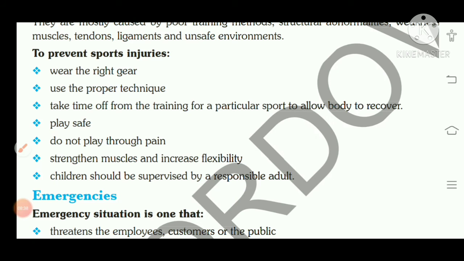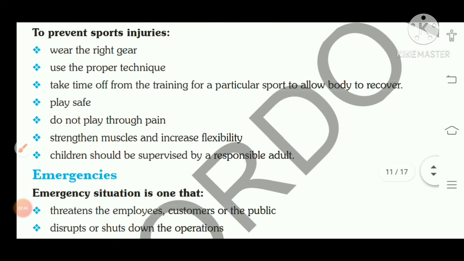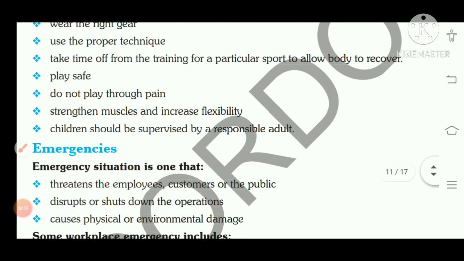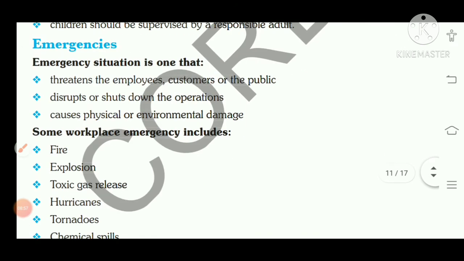Children, sessions number 9, 10 and 11 were added this time, so definitely one question will come from any of these topics. So how can we prevent ourselves from sports injuries? Be supervised by a responsible person, do not play in pain, use proper technique, wear proper gear.